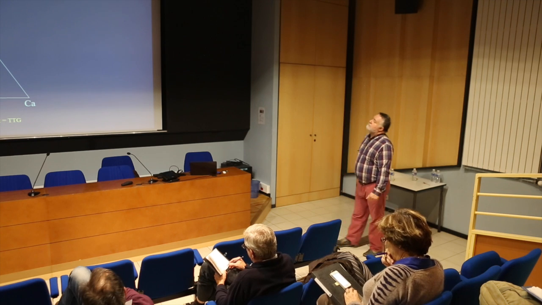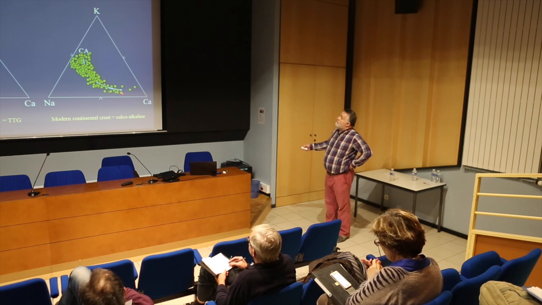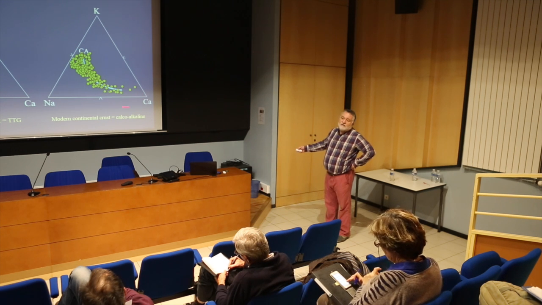Another point of comparison is this diagram, potassium, sodium, calcium. So here are the Archaean TTG. Here is a calc-alkaline differentiation trend. And what we can see is that there is no differentiation trend, and the Archaean rocks do not plot on the calc-alkaline differentiation trend. If we compare with the modern crust, here are points for the modern continental crust, we can see that it defines a trend of differentiation and that this trend follows the calc-alkaline trend.